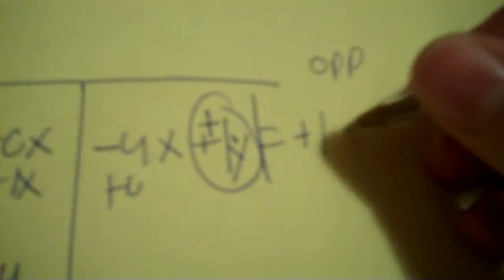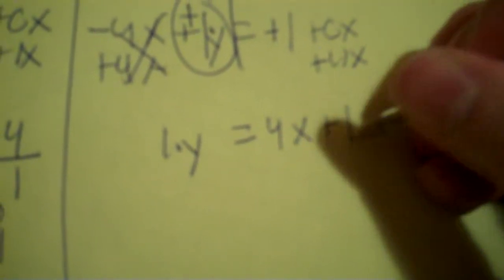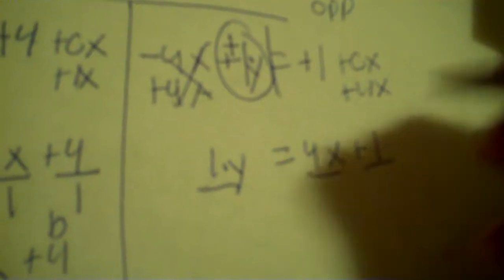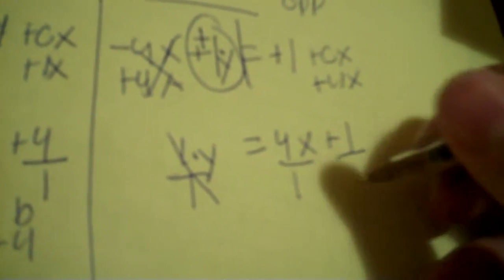So now take out your -4x by putting a 0x, because you need an x on that side, and then add 4x to 0x. So we got 1 times y, and then you got x, 0 plus 4 is 4, and then plus 1. Got to divide everything by your 1, so that the 1 gets off the y.